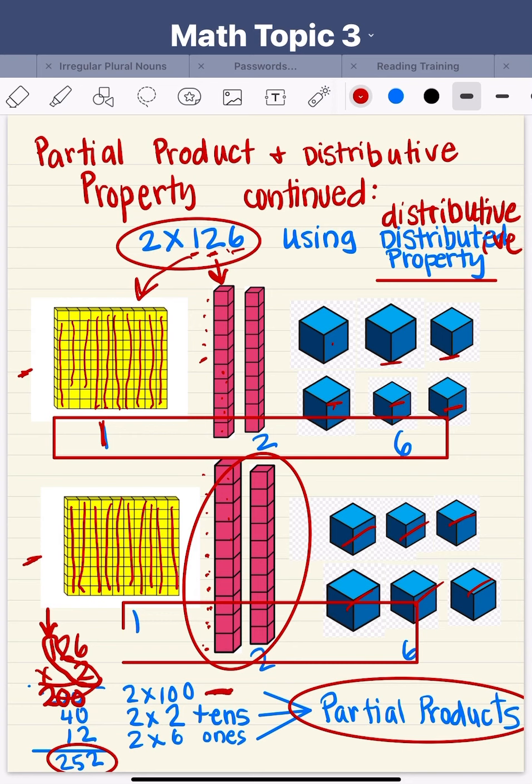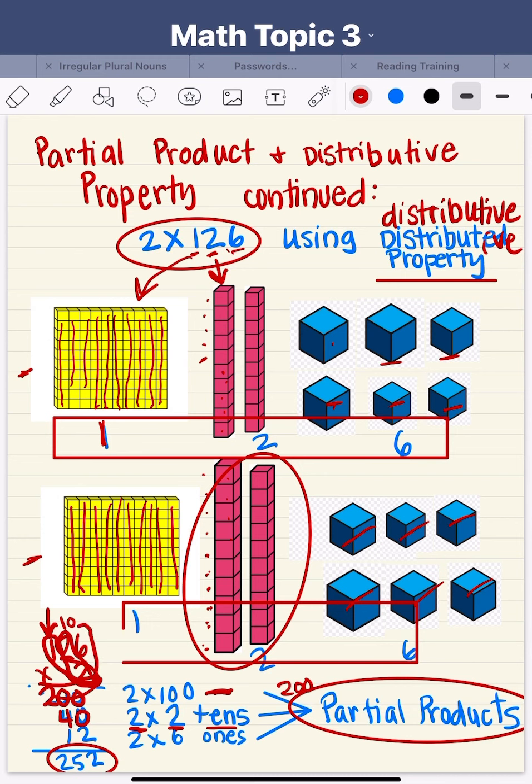So partial product, 2 times 100 is 200. Now we go to 2 times 2, okay? Well, the 2 is in the tens place. So then we say 2 times 2 tens is 40. 2 times 20 is 40.